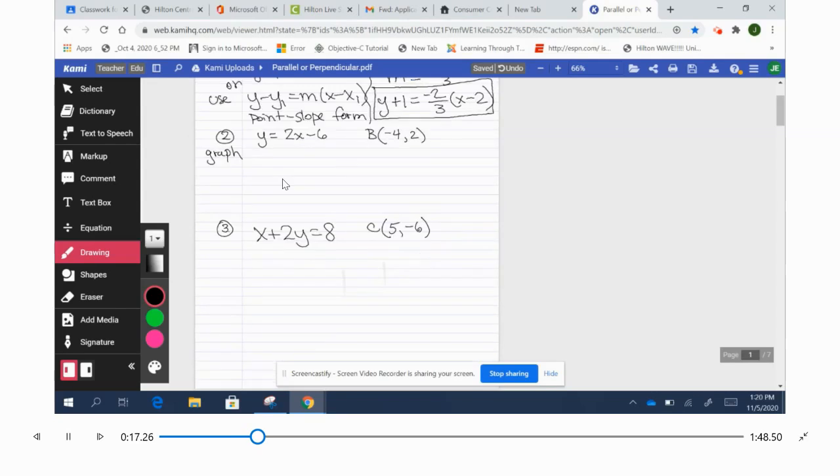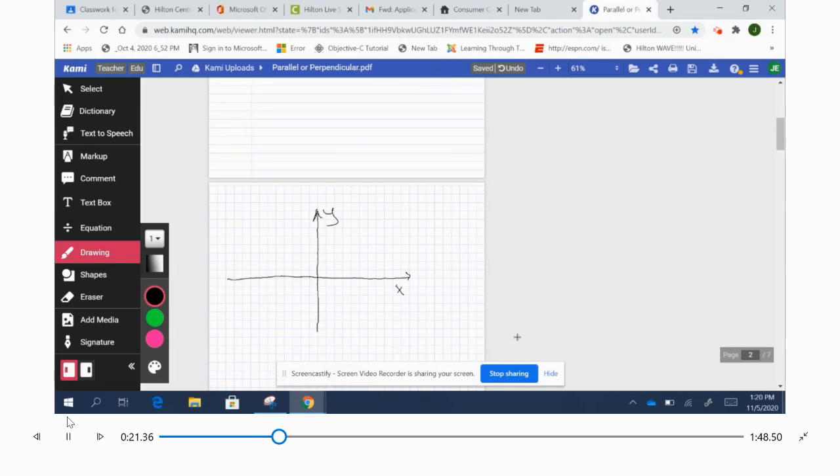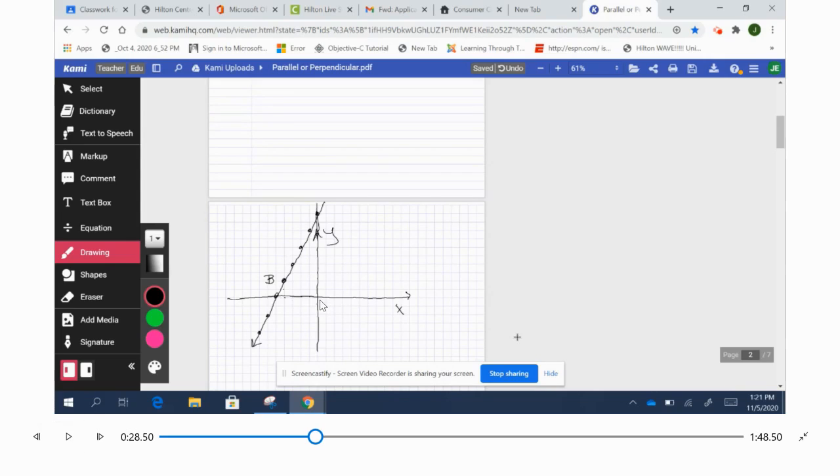Okay, for this one, it's intended to be a graph one, so that's why I jumped down there. So I'm plotting B first. B is over at -4, 2. The slope of the original line was 2, so we're going to apply the same slope to this new line. It's going to be parallel.